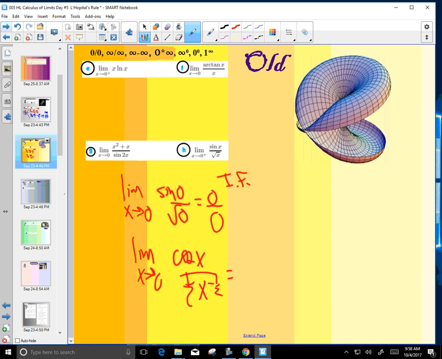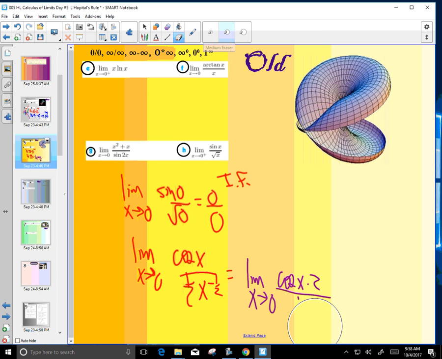This is the same as the limit as x approaches 0 of the cosine of x times 2, because the 2 comes up from the 1/2, and this is 1 over the square root of x. What's 1 over the square root of x? Where can I put that square root of x? On the top. Sure.